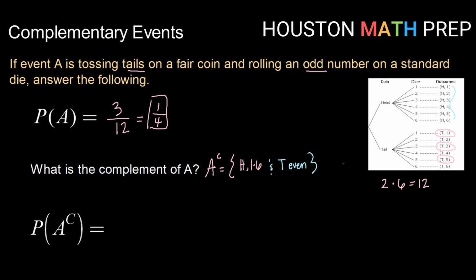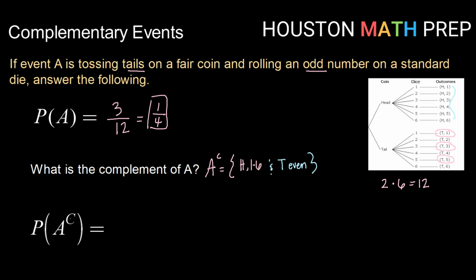So using that idea, what is the probability of A complement? Now, certainly we could count up how many items have first tossing heads and then getting 1 through 6 on the die, or tossing tails and getting even. But we can also use that relationship that the probability of A plus the probability of A complement have to add up to 1.